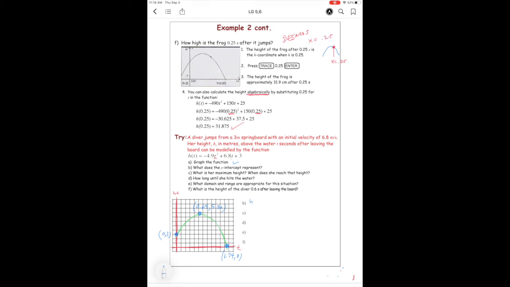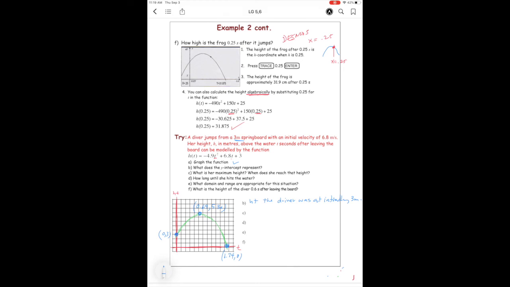What does the y-intercept represent? The height the diver was at initially. All right, and if you want to say what was the height, you would say 3 meters. But it told you in the question, it's a 3 meter dive board.